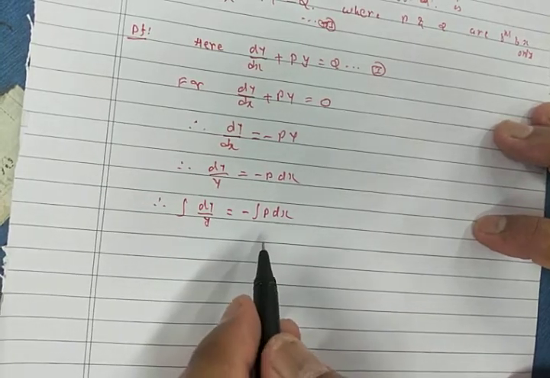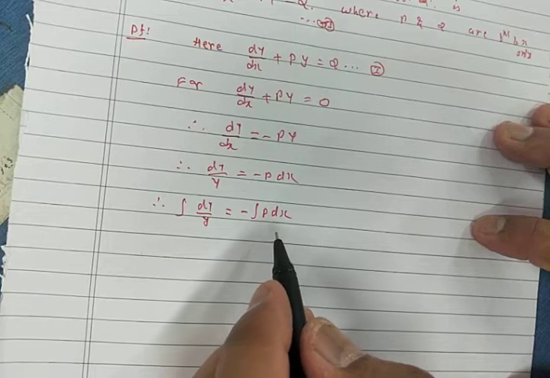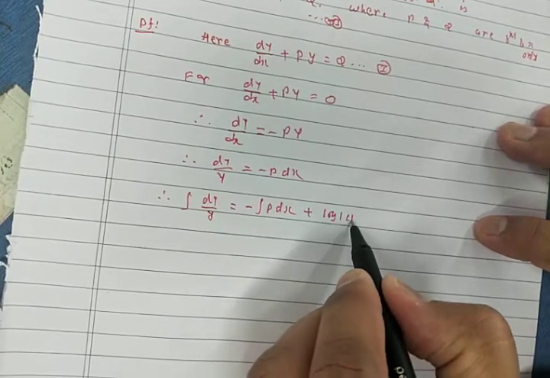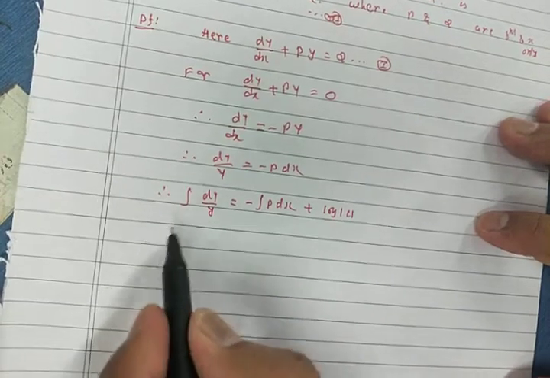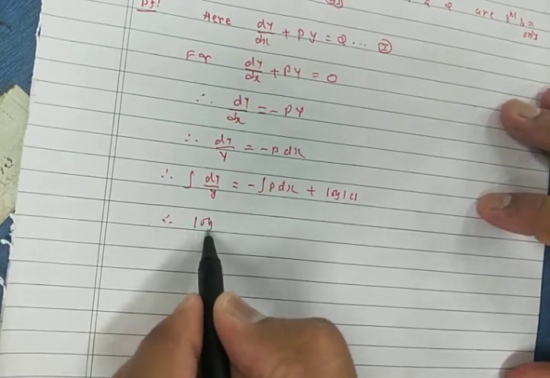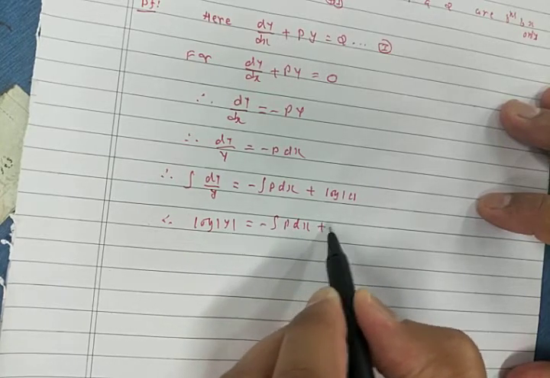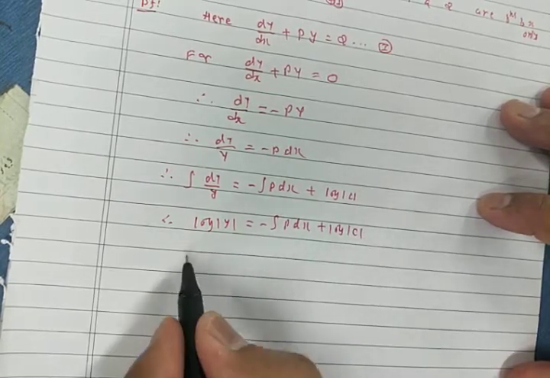Why am I not taking p common? Because p is not a constant quantity, so we can't take it common. Plus let us put log mod c, because one of the integrals is in terms of log. So log mod y is equal to minus integral p dx plus log mod c.